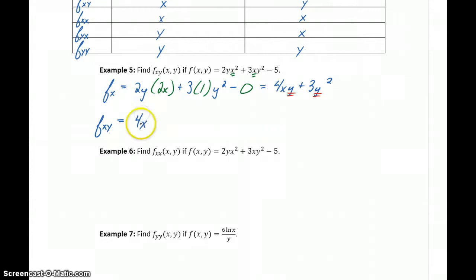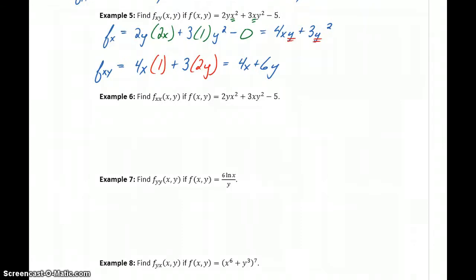So 4x is just a constant multiple, since we're differentiating with respect to y, and the derivative of y will be 1, plus 3 times the derivative of y squared, which will be 2y, which will give us 4x plus 6y. So again, we need to make sure we keep the order of those derivatives straight, but we essentially just find the first derivative with respect to the first variable listed, then find the derivative of that derivative with respect to the second variable that's listed.